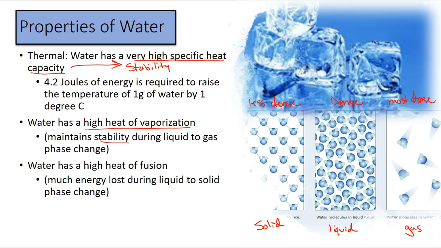If this is the surface of your skin, when you sweat, you produce beads of water which are going to pull heat from your body very quickly, and the energy that is pulled in the form of heat is going to break the hydrogen bonds, releasing individual H2O molecules in the form of vapor, which is why sweat is a very good coolant. But it all has to do with this high specific heat capacity and high heat of vaporization.